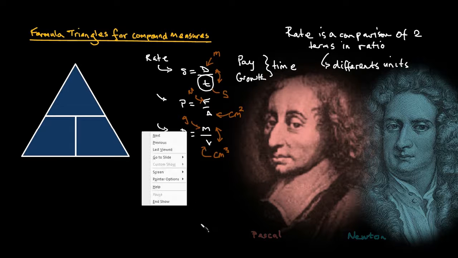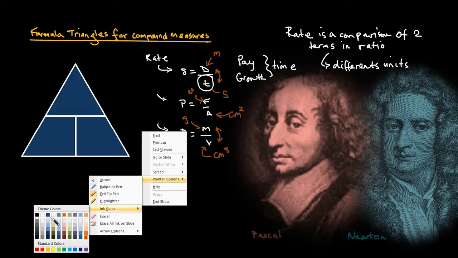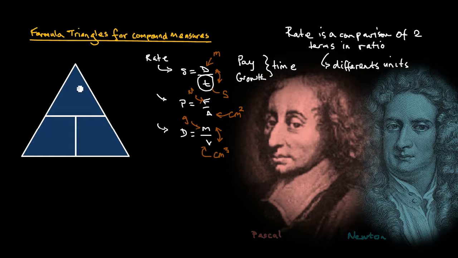Now I've just drawn up this formula triangle because you'll often come across this, and it's a very useful technique for rearranging these formulae. So if you have distance, speed, and time, you can get three formulas for the price of one in this triangle. Speed is distance divided by time.